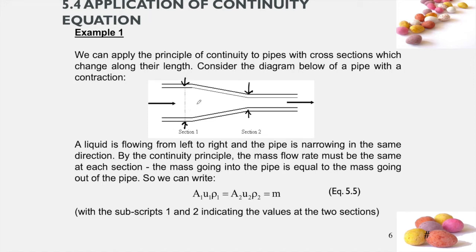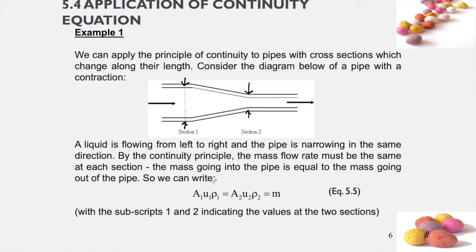So area 1 is much bigger than area 2. At this point, we can apply Bernoulli's equation in order to determine values for velocity, or we want to find the cross-sectional area at either section 1 or section 2.